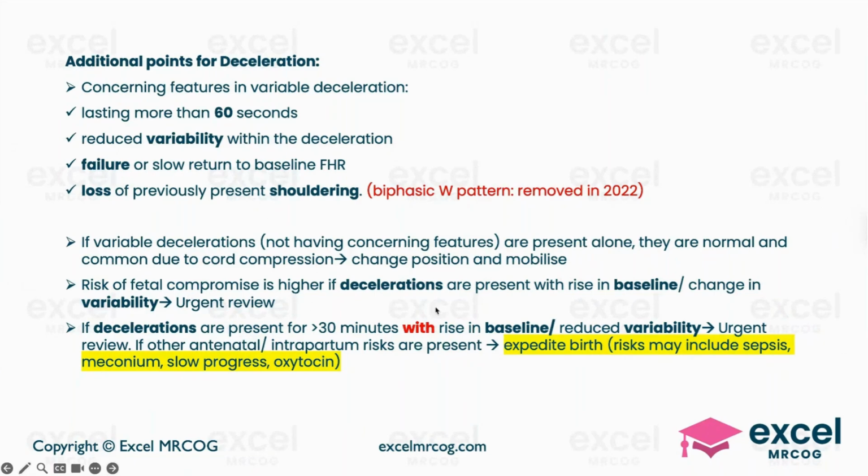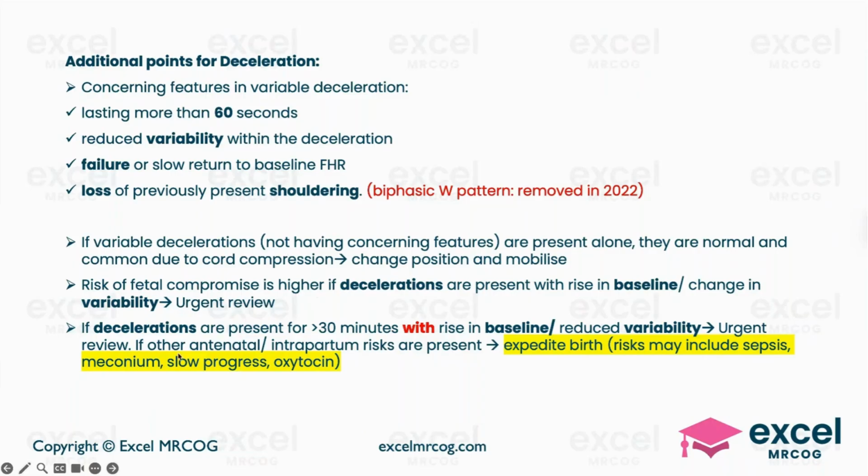Please remember that if decelerations are present with a rise in baseline or some change in variability, like two features are there, and it's still falling under suspicious from a timeline point of view, but you have concerns about acidosis, please remember that it doesn't matter. You need to still review urgently.